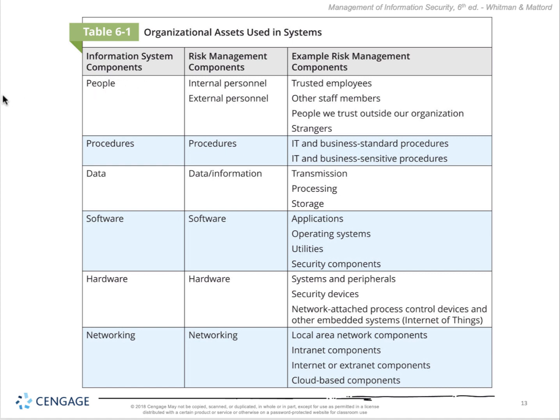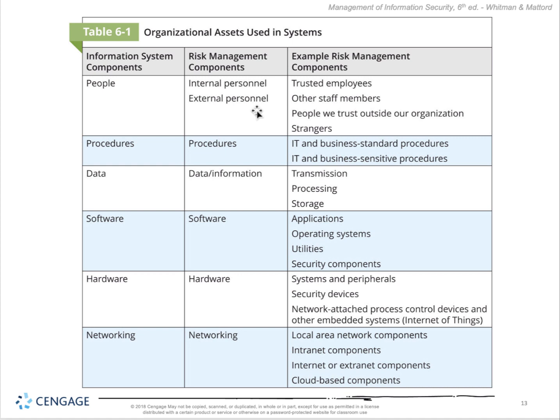That is an information system component. Why? Because human resources, people, employees, they are assets, right? Now, what are the risk management components? Internal personnel and external personnel, right?